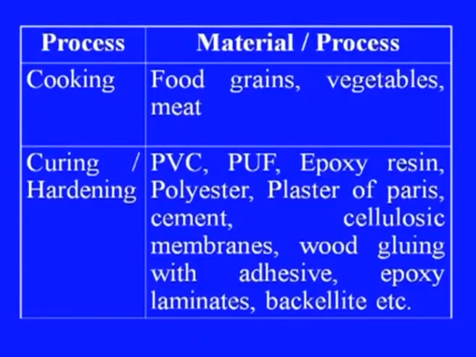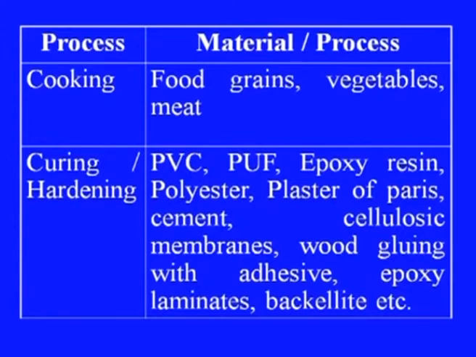So, cooking of food grains, vegetables, meat, fish and so on is very effective. Then another very useful application of microwave is curing or hardening of polymeric composites, polymeric materials.